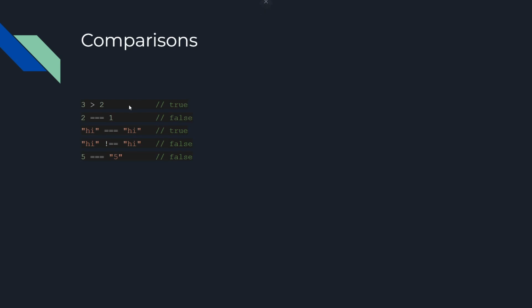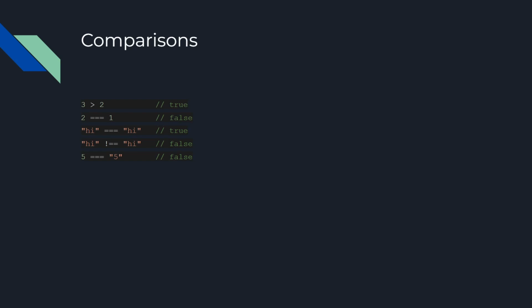So down here we have some more examples. For 2 and 1, when we compare the value of these two numbers, because they are not the same, this will return false. And we can also compare strings similarly. If the strings are exactly identical, we'll get true. And this one, when you have an exclamation mark in front of the equals, so instead of 3 equals, it's exclamation equals equals, that means it returns true if the two things are not equal.